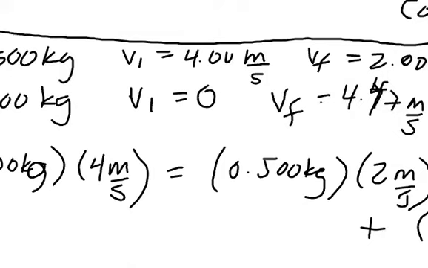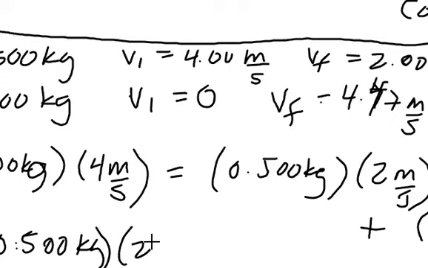For the Y direction, I have no initial momentum, so I have 0 equals 0.500 kg times 2 meters per second times sine alpha.